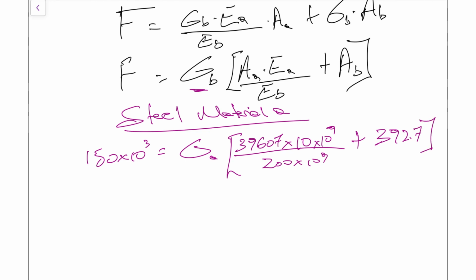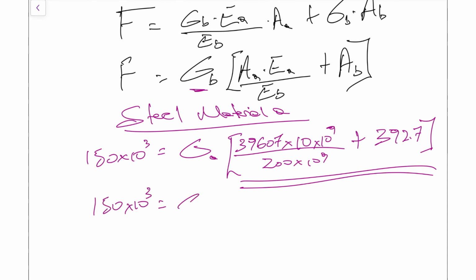392.7. So what we have to do, we just need to simplify this left side, all of that, and use it to divide our stress A. And what that will look like is just 150 times 10 to the 3 equals our stress A multiplied by, when we simplify this now, we get 2,373.1. And all we have left is just a simple division.